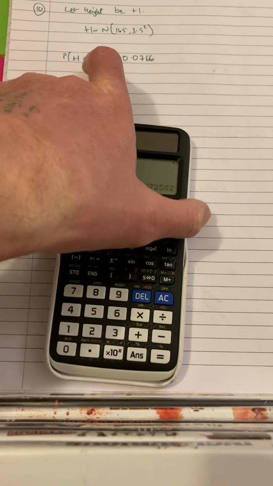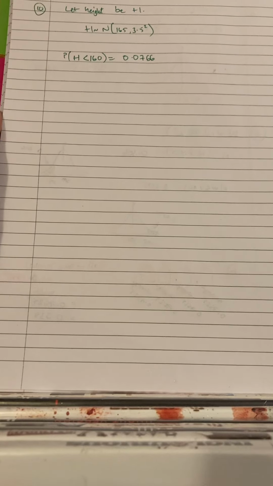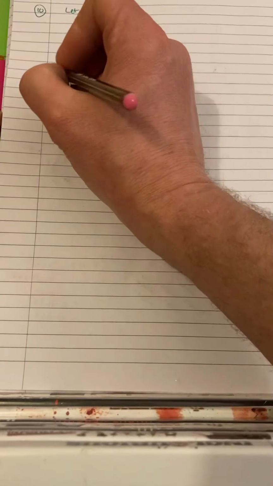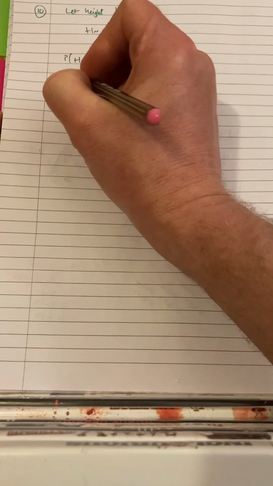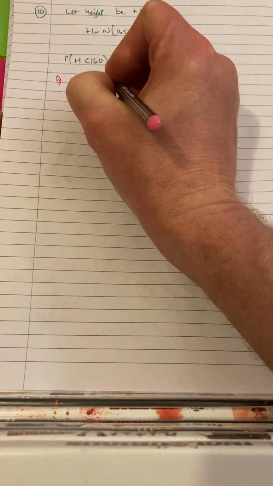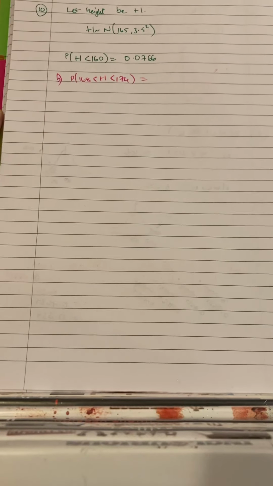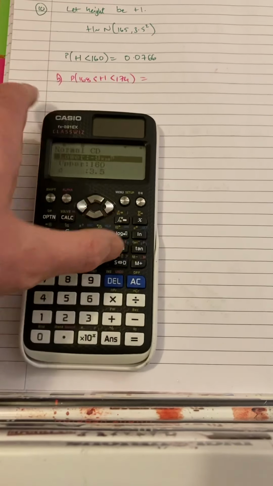Okay, for part B, Stephen is looking for a woman whose height is between 168 and 174 for a part in his next film. So we want P(168 < H < 174).